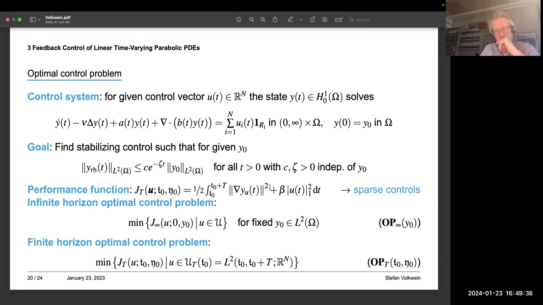So the performance index is like this. I want to penalize the gradient. y_u means you have the solution to the state equation for given u. So I take the u, solve the state equation. This is the y_u. So I penalize this. And then the interesting thing for us, at least, was that we use here an L1 norm. L1 norm means not differentiable in the standard way.